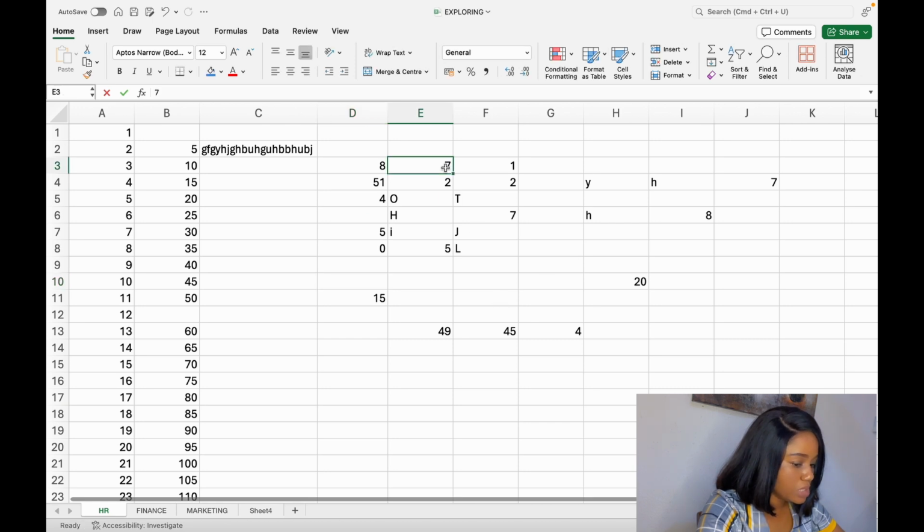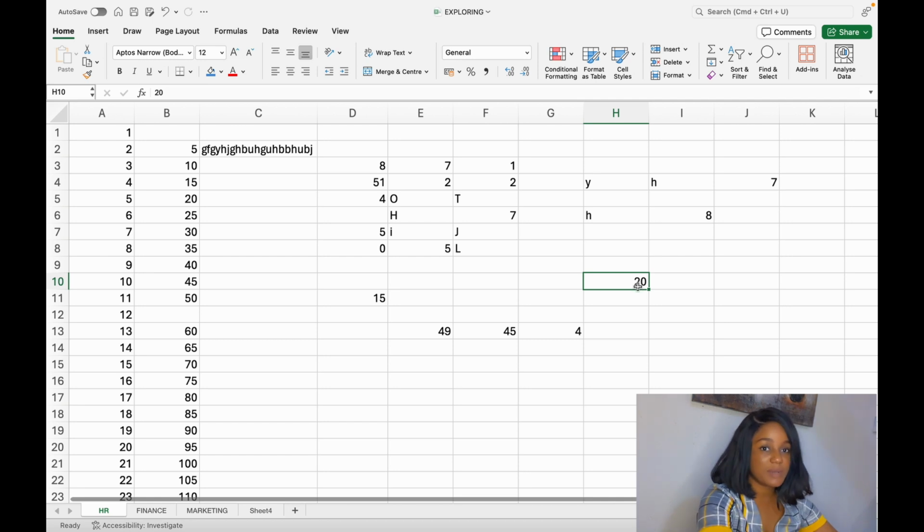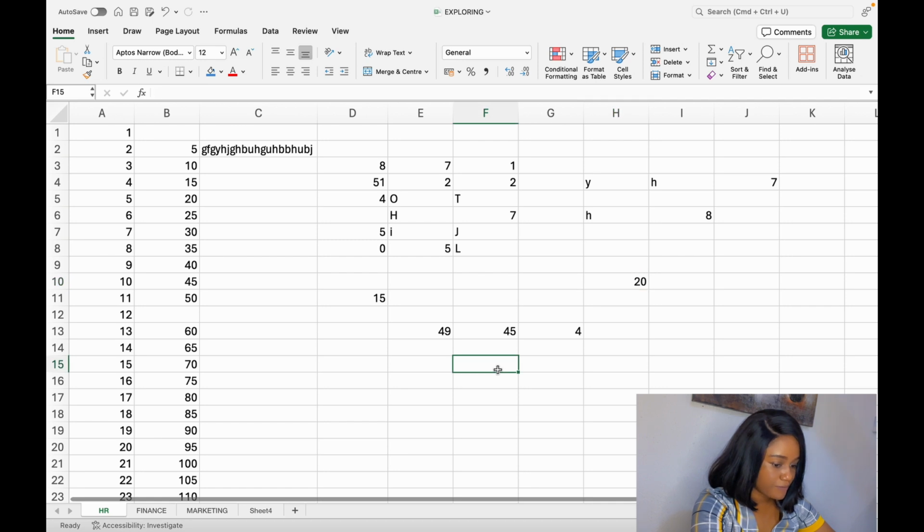Let's take cell E3 with H10. E3 multiplied by H10, and place the result in F15. So highlight or make cell F15 active. Put in the equal to sign in your formula box.